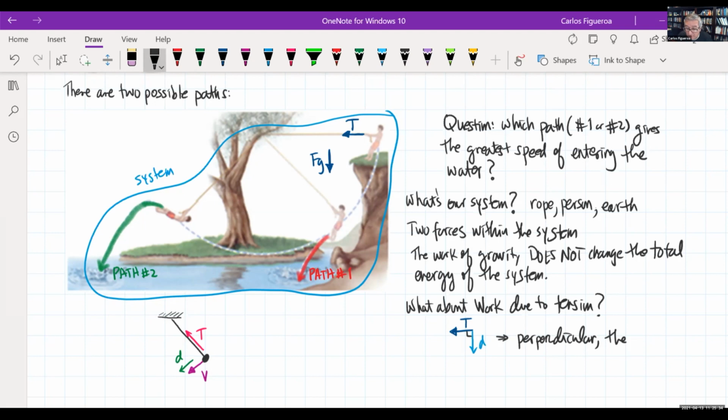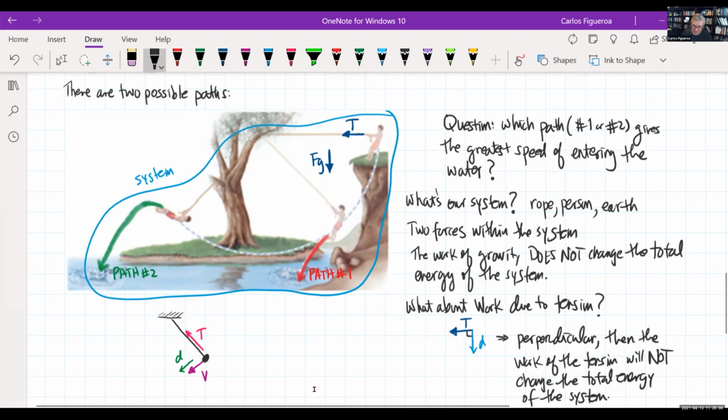So if they're perpendicular, then the work of the tension will not change the total energy of the system.